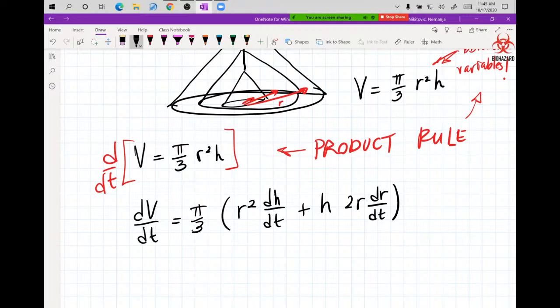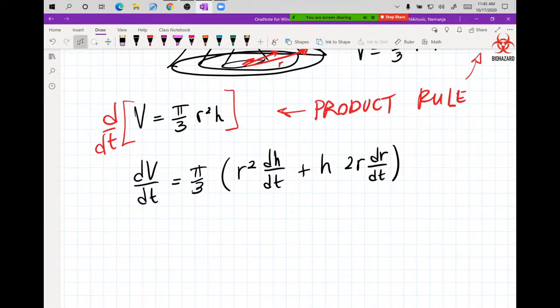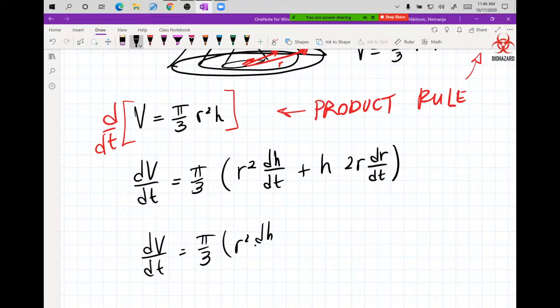And now there's not much you can do here. You literally just rearrange this, and you have what we call the related rates formula: dV/dt equals pi over 3 times r squared dh/dt plus 2rh dr/dt.